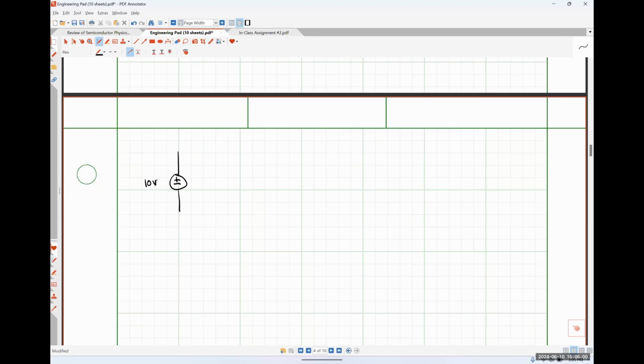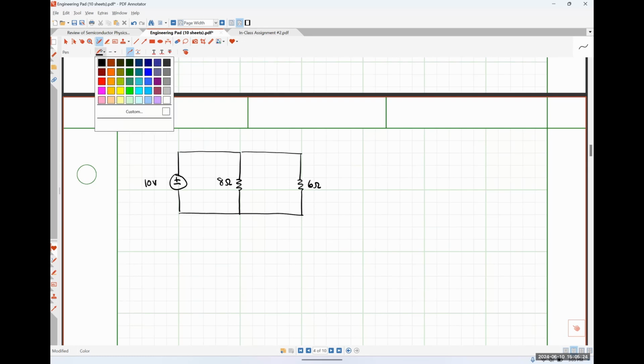So here's a 10 volt source. Here is an 8 ohm resistor. Here is a 6 ohm resistor. And I'm interested in finding the voltage drop across the 8 ohm resistor, positive polarity on top.